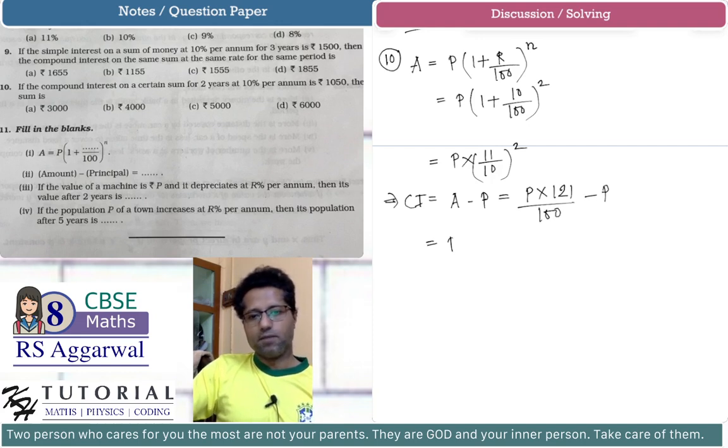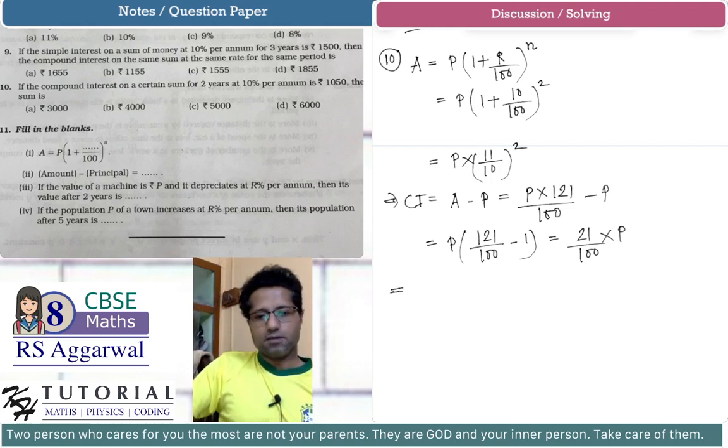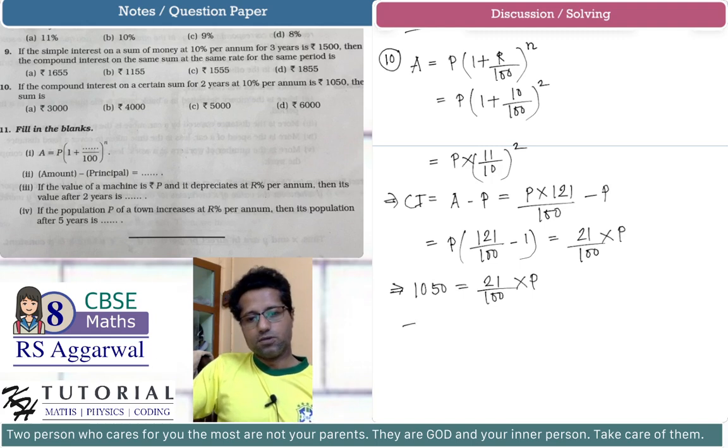This is, if you take P common, we have 121 by 100 minus 1. This is equal to 21 by 100 multiplied by P. So this implies the compound interest is given to be 1050. So we have 1050 is equal to 21 by 100 multiplied by P. So this implies P for the sum is equal to 100 multiplied by 1050 divided by 21.